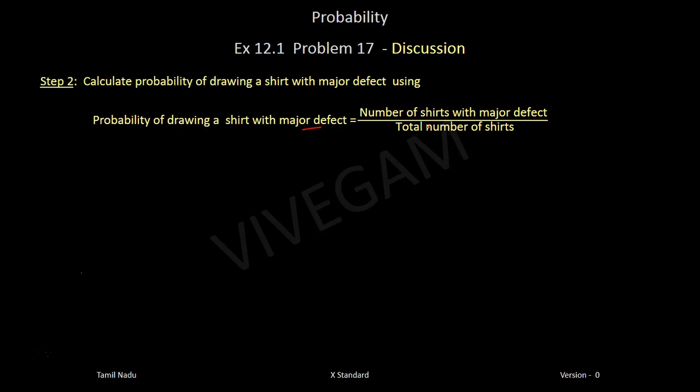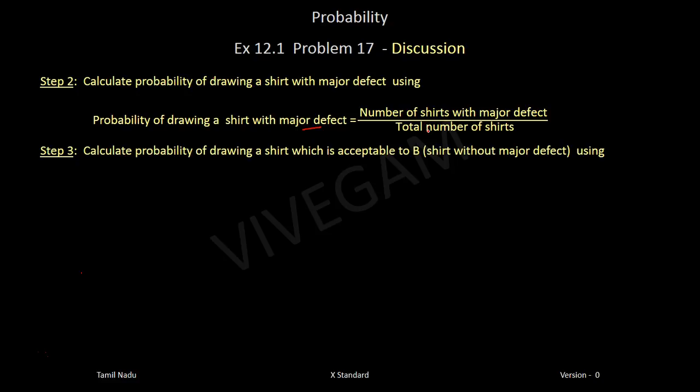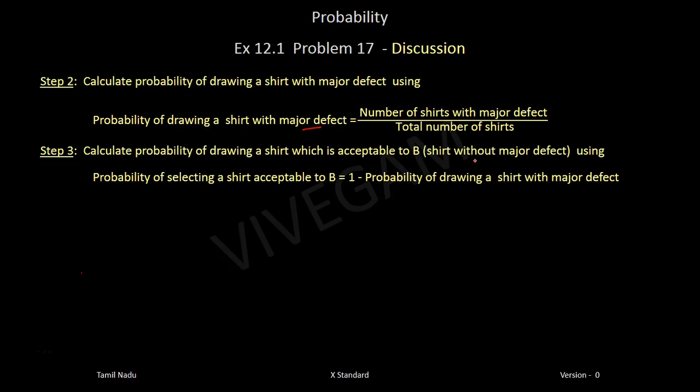Now calculate the probability of drawing a shirt which is acceptable to B, a shirt without major defect. B accepts shirts without major defects. So we know the probability of drawing a shirt with major defect is calculated by this formula. Therefore the probability of selecting a shirt acceptable to B is 1 minus this, the probability of drawing a shirt with major defect.